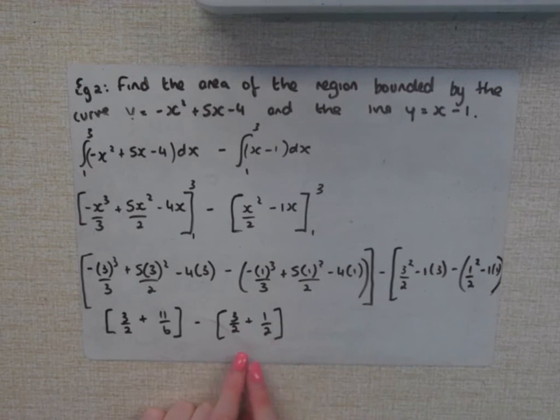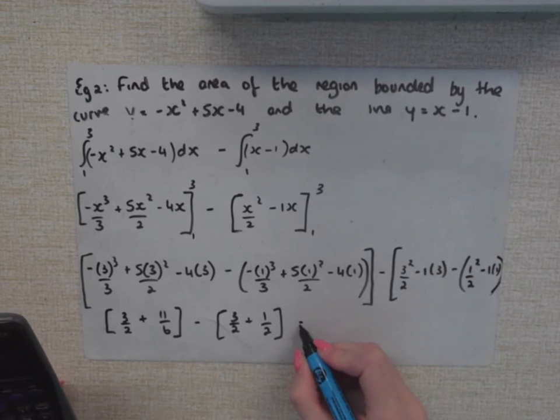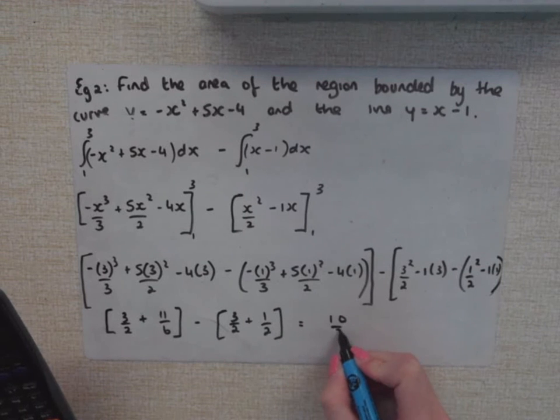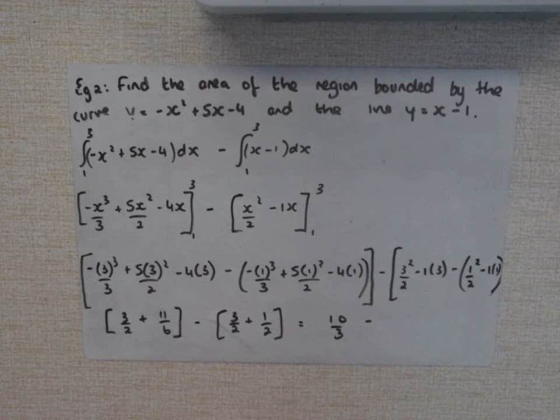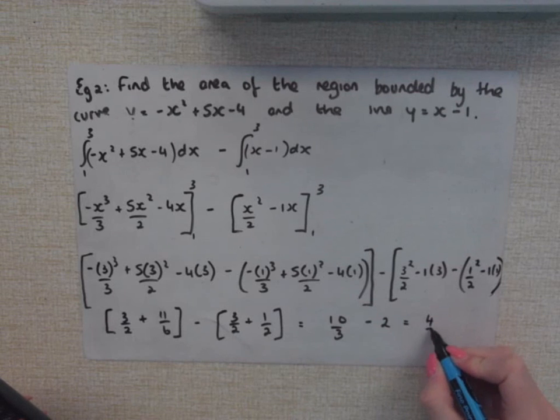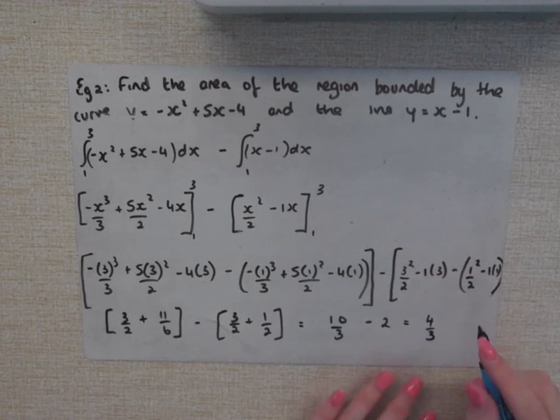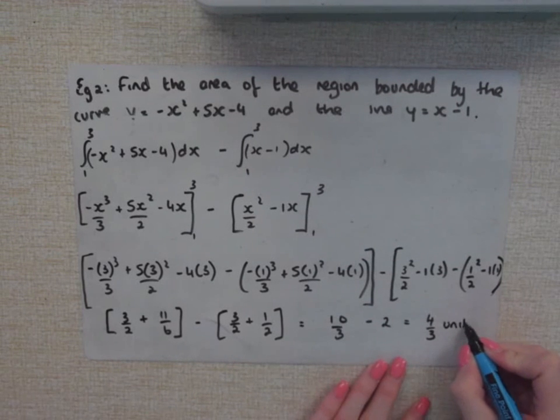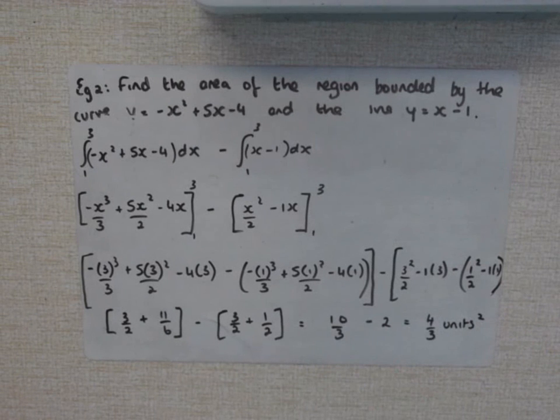If this area is a minus, what do you have to do with it? Make it a plus, and then you take it away. So don't get caught with those signs. So you get 4 over 3. And it's area, so units squared.